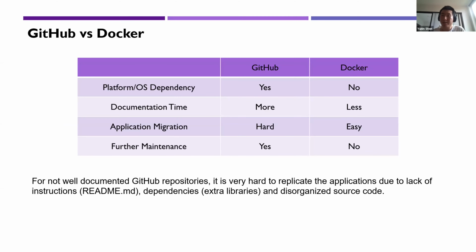For example, for a lot of image processing libraries, the documentation is not friendly to beginners. You have to have some background knowledge before you can read it. However, for a Docker image, you do not need to understand everything behind the code. You can just run the image and get the result immediately. So it's very easy for users to start.